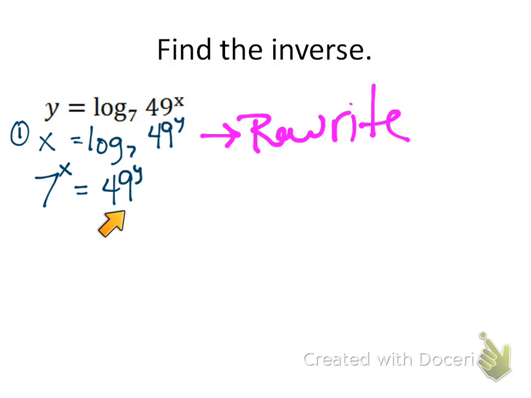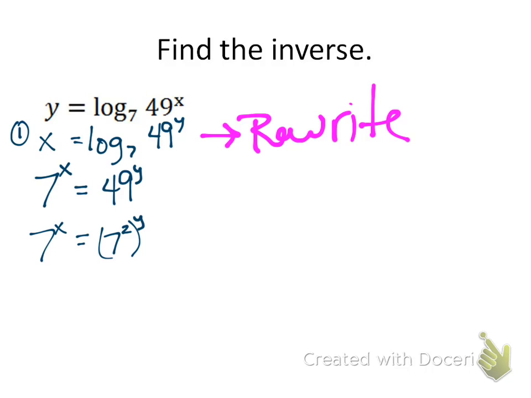Since I can't add, subtract, multiply, or divide by anything to get y by itself, let's try to change that 49 to be a base of 7 to a power. 49 can be rewritten as 7 squared to the x power. I've got a power raised to a power, so here's where those exponential rules from 8.1 and 8.2 come in handy.